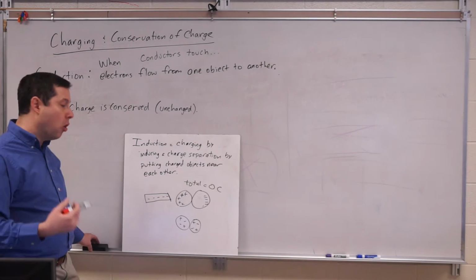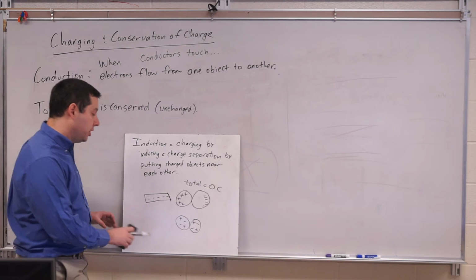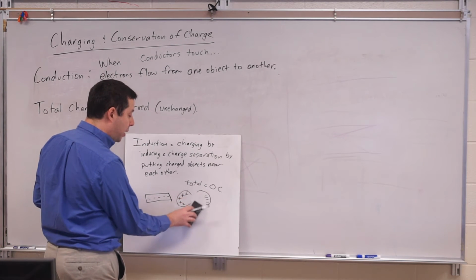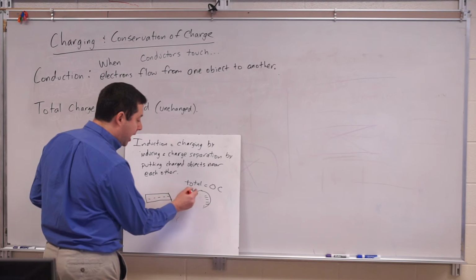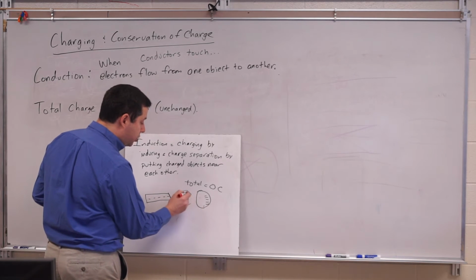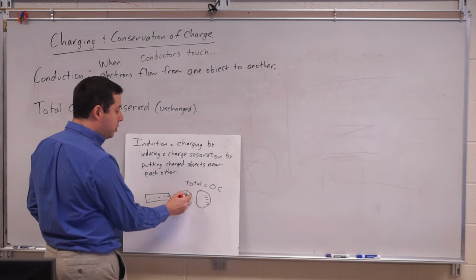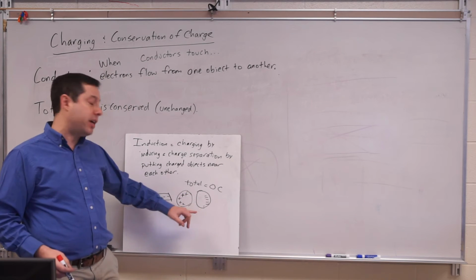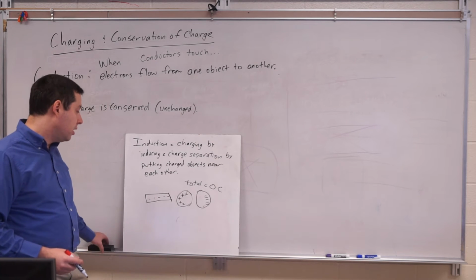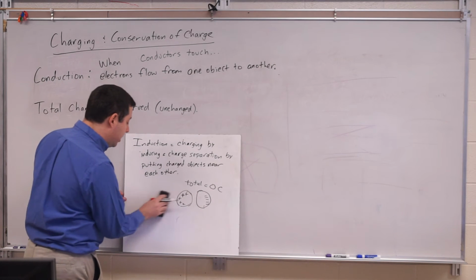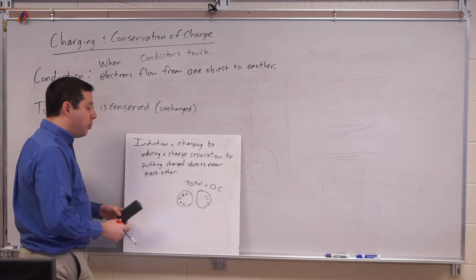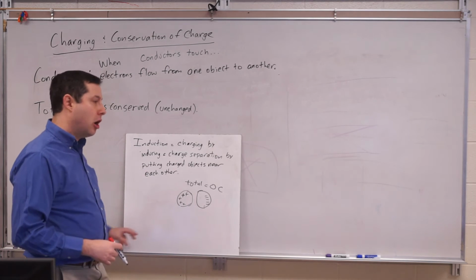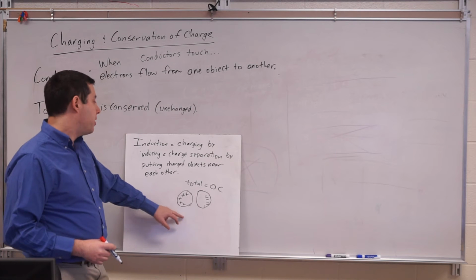However, if you don't remove the rod, and you first separate these two objects a little bit, it doesn't have to be a lot, then charge can no longer flow through conduction between the two objects. So now we have a positively charged object and a negatively charged object. And now if we remove the rod, we still end up with a positively charged and a negatively charged object. So we've effectively charged these two objects through induction.